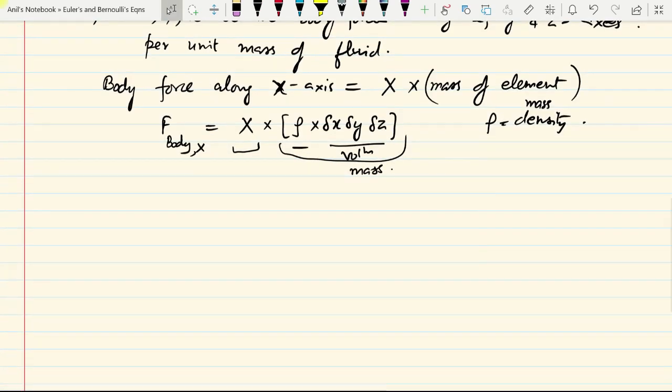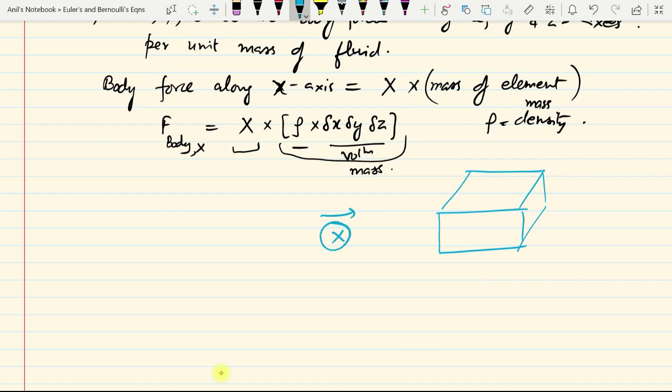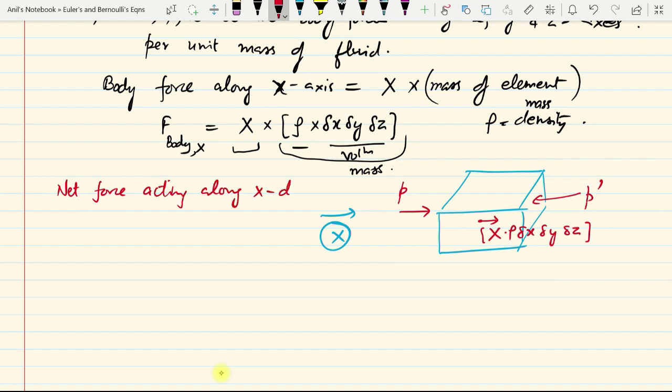Now in this particular element, if you see along the x-axis only, we have three forces acting. One is due to pressure P, another is due to pressure P dash, and the other is the body force X into rho delta x, delta y, delta z. Now what is the net force acting along x direction in this particular case?